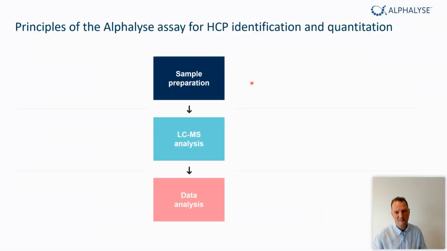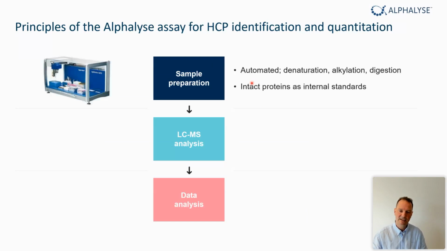So just before I hand you over to Victor, I'll talk a little bit about the principles of the methods that we use here at AlphaLISE and an example of a data set for one type of sample. The analysis here contains 3 different steps. First, a sample preparation, where we spike in intact proteins, and we use these as standards for QC purposes and internal calibration standards.